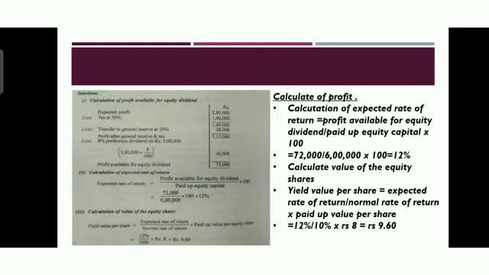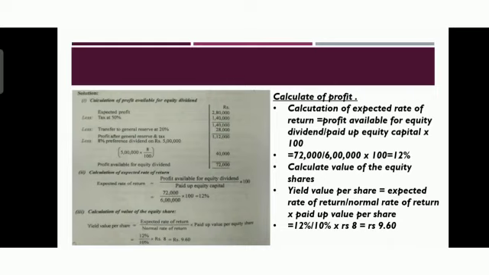Accepted rate of returns is equal to profit available for equity dividend divided by paid up equity capital into 100, which is 72,000 divided by 6 lakhs into 100. We will get the accepted rate of return as 12%.